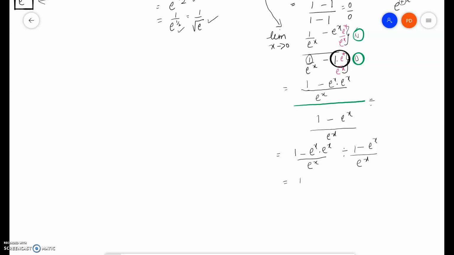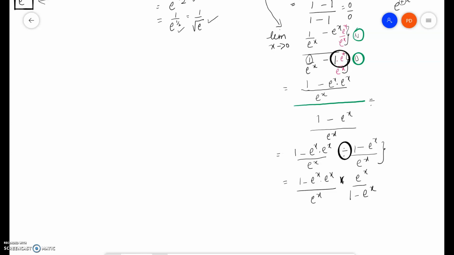Which is the same as 1 minus e to the x times e to the x. The division becomes multiplication, so we flip the fraction here. So that's e to the x over 1 minus e to the x. And here we have 1 minus e to the x times e to the x over e to the x.